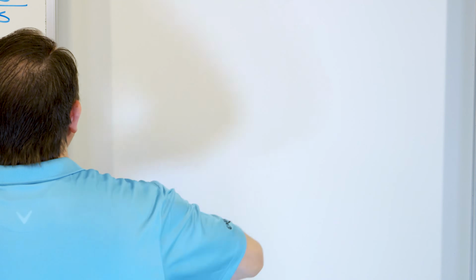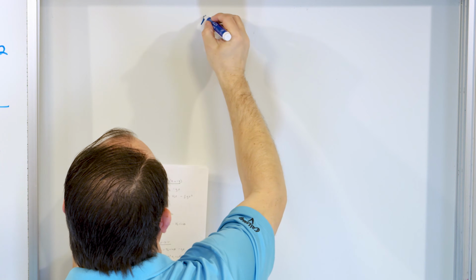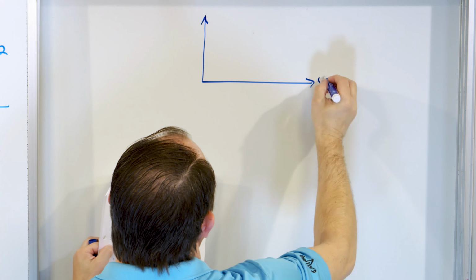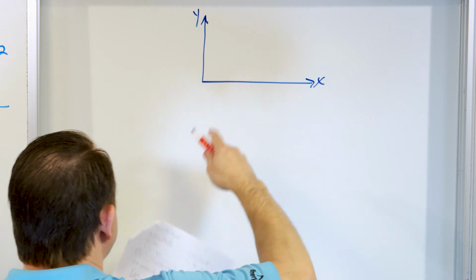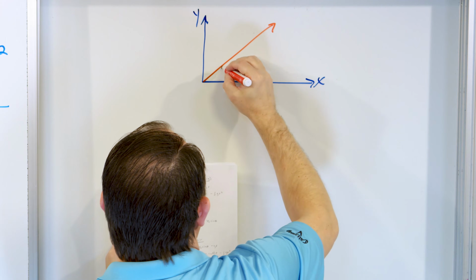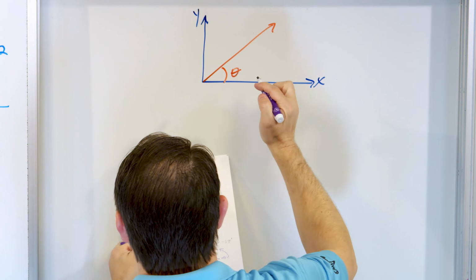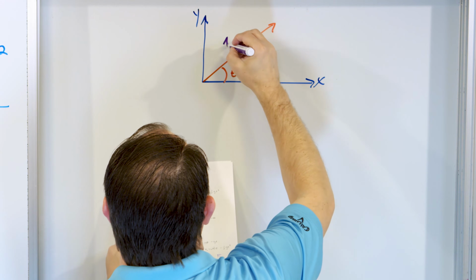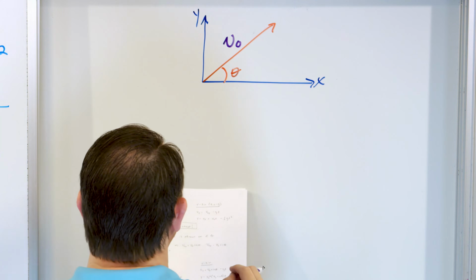So let's say that over here, like here's x and y, and you are launching some projectile at some angle, like this, and there's some angle involved, right? Now, anytime you have something launched at an angle, we're going to call this initial velocity like this.